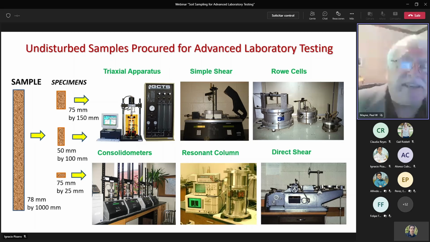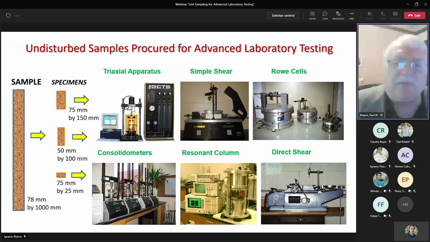I call them cookie size. They're maybe 25 millimeters thick by 75 millimeters in diameter for a one-dimensional consolidation test. But others of them might be more like 150 millimeters high and 75 millimeters in diameter for, say, a triaxial test. But why advanced laboratory testing? These are some of the tests that we're talking about.